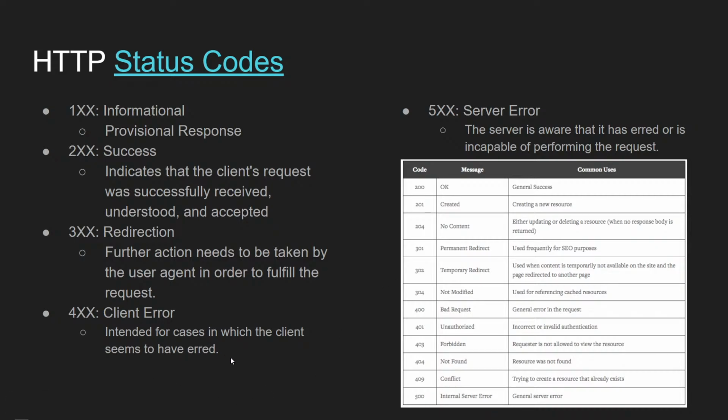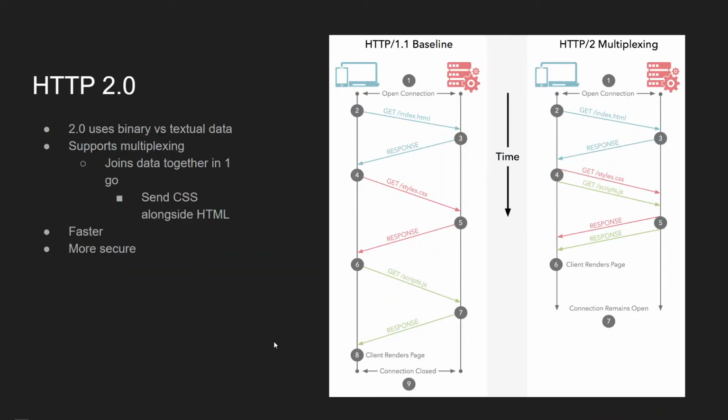And then the client errors, the ones we're probably familiar with: 404, not found; 403, forbidden, trying to access a resource that you don't have the proper credentials for, stuff like that. And then unauthorized, 401, you gave a bad username or password. That's about it.